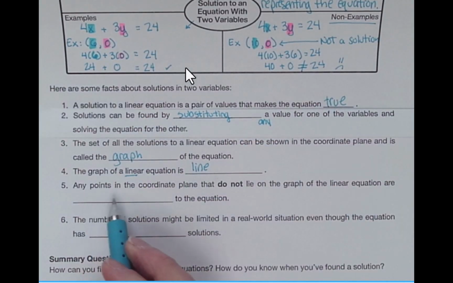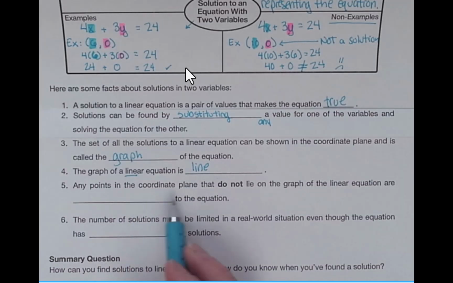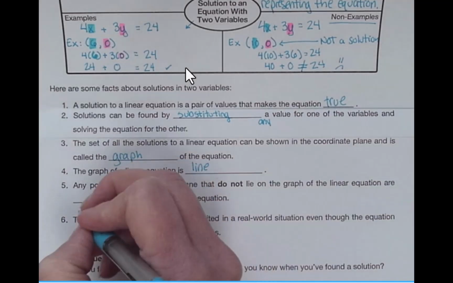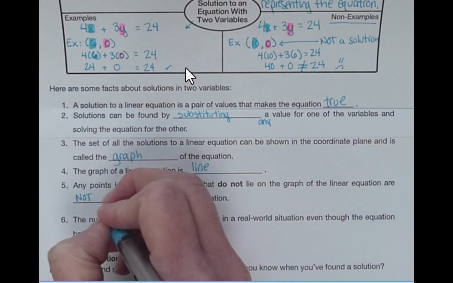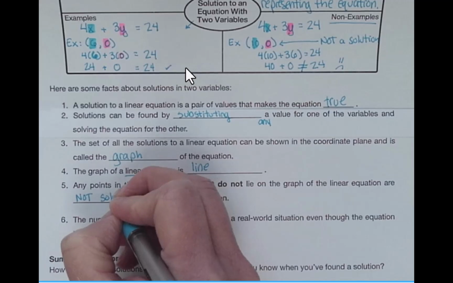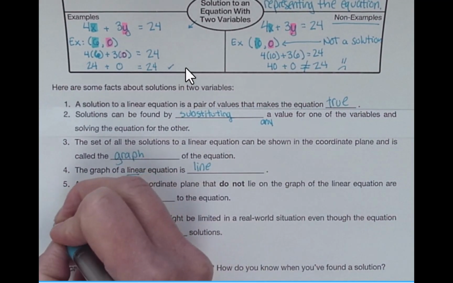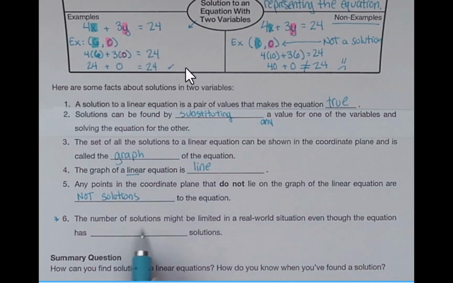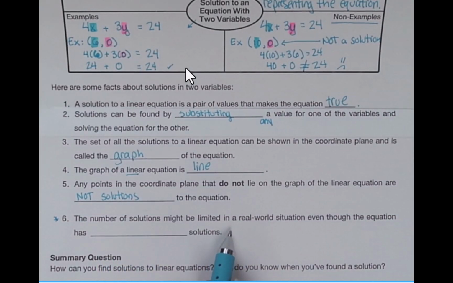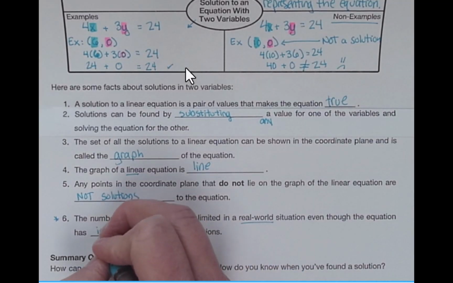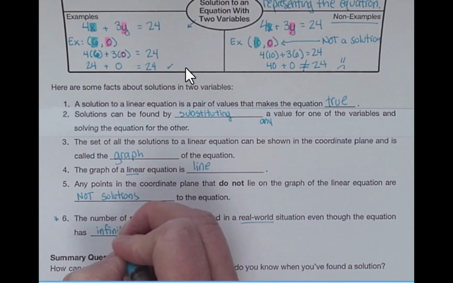We saw earlier that any points in the coordinate plane that do not lie on the graph of the linear equation are not solutions to the equation. And finally, the number of solutions might be limited in a real-world situation, even though the equation itself has an infinite number of solutions.